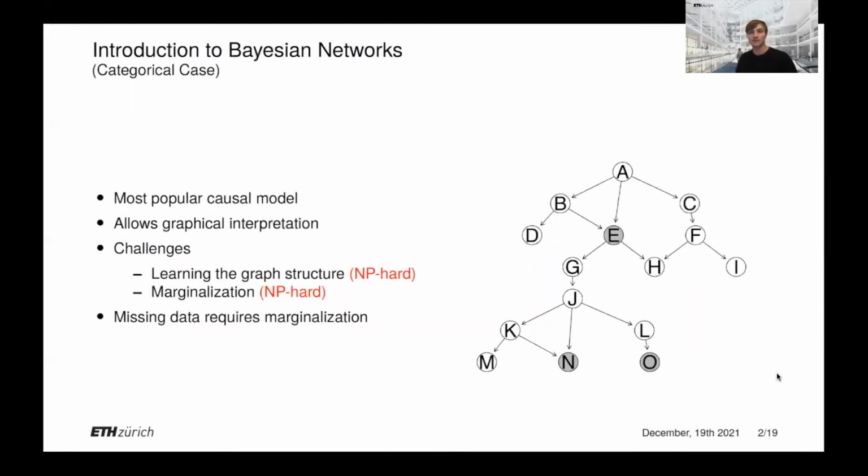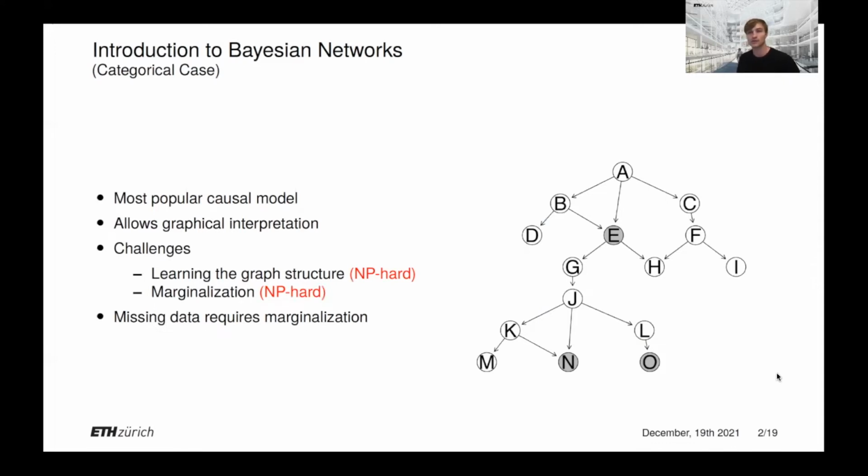So before we talk about marginalization, let me just briefly introduce you to Bayesian networks in general, in case that you're not familiar with them. They're currently the most popular causal model on the market. And a very nice thing about Bayesian networks is that they allow for a graphical interpretation of the probabilistic relationships that underlie the data.